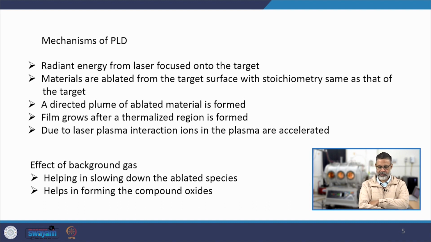But there are several parameters one should maintain for the deposition of thin films. It is not that the stoichiometry is maintained automatically. Sometimes, in the case of oxide thin films, there will be vacancies of oxygen.